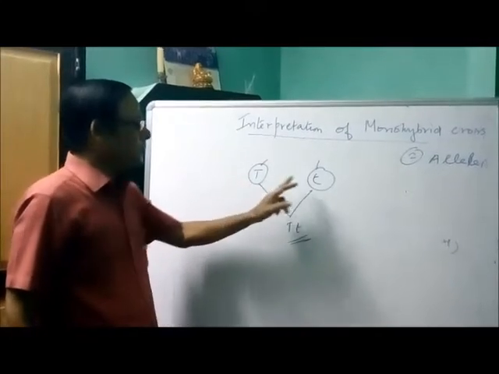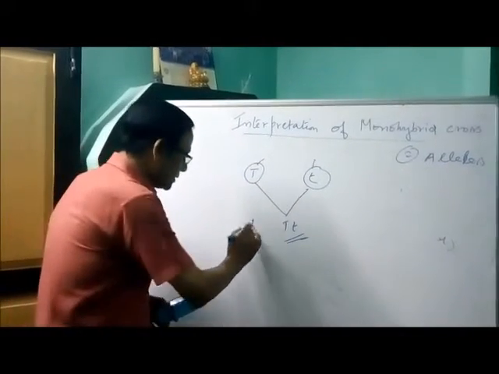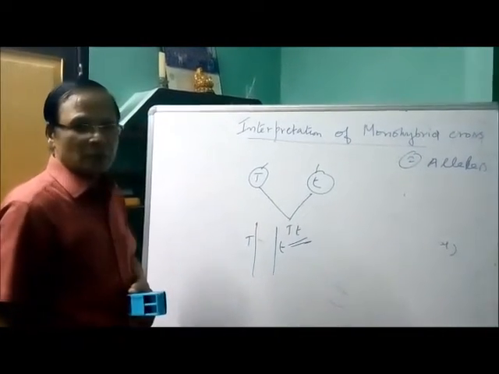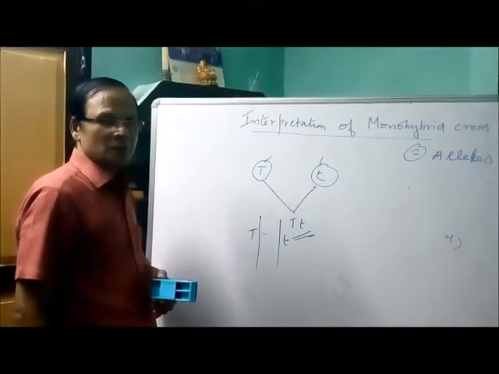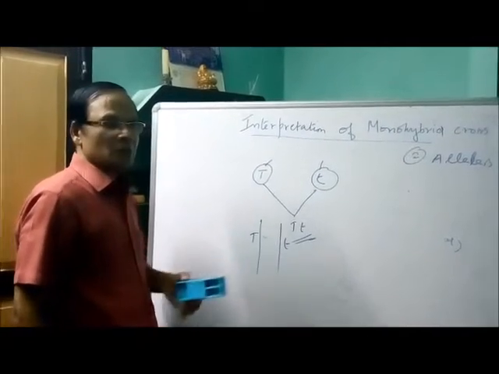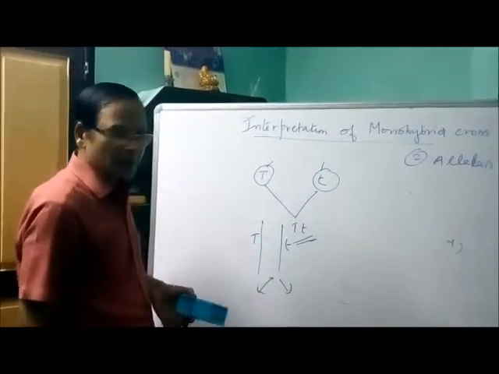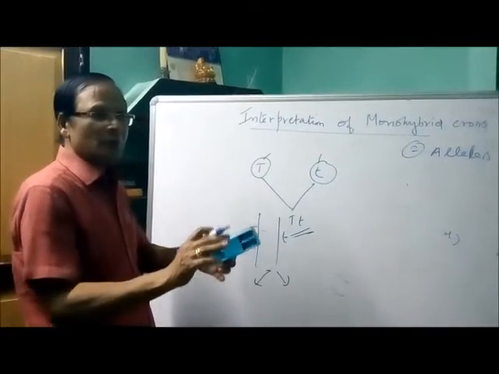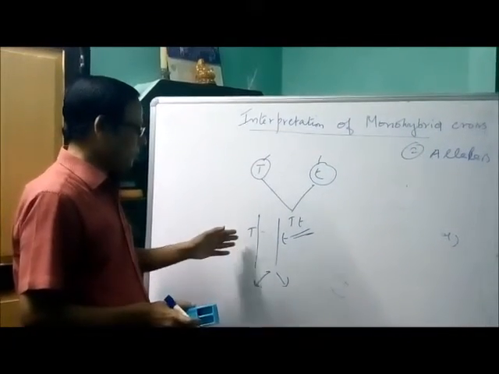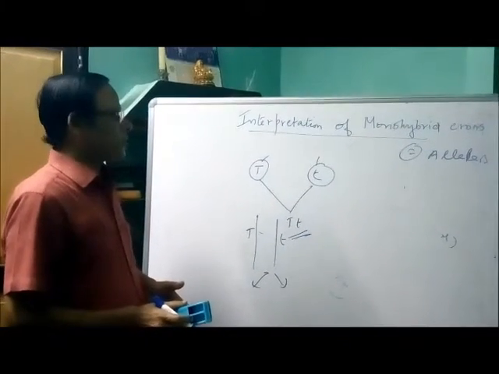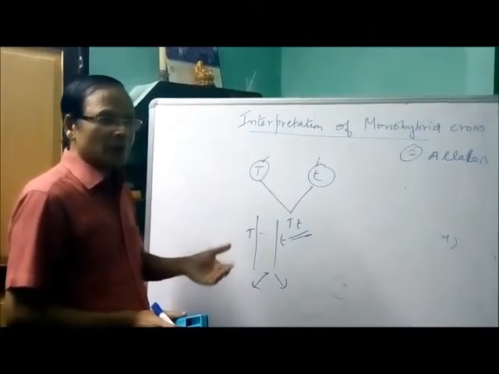Now these two are separate entities. They are brought together here and remain together during the F1 cross. When F1 individuals are crossed, they form gametes independently and unite to form a particular individual. So the factors are transferred to the next generation. So the gametes are pure, the factors are pure.